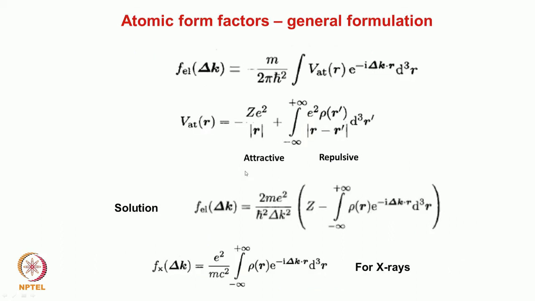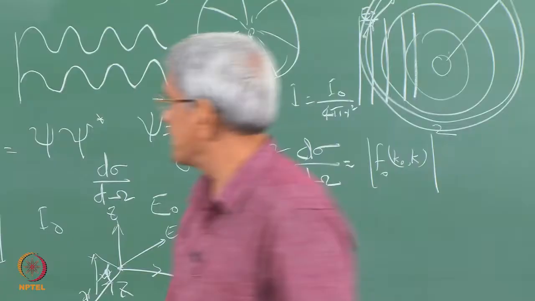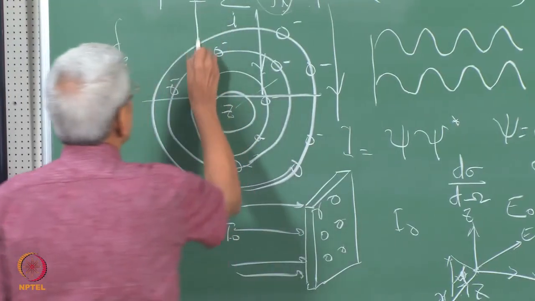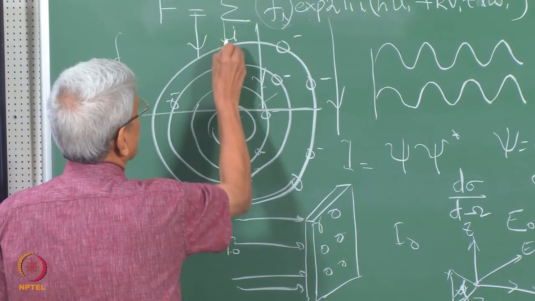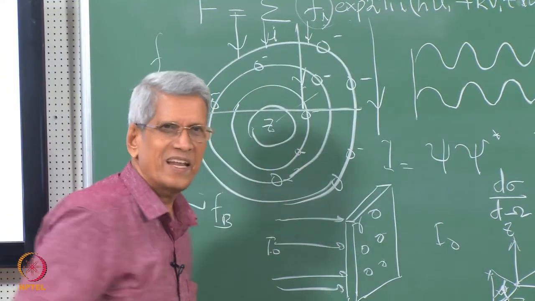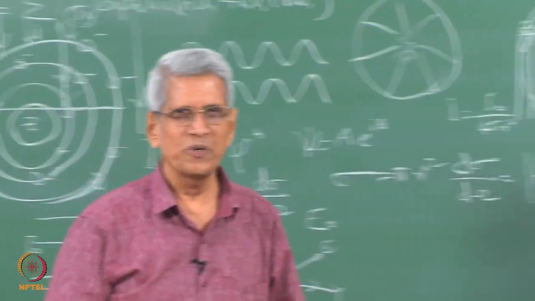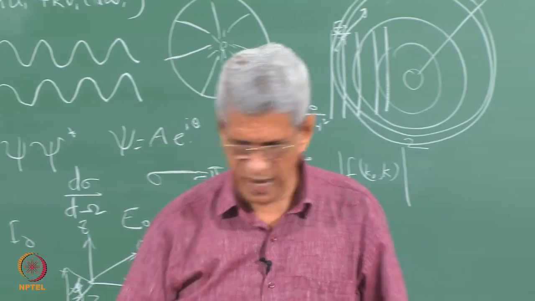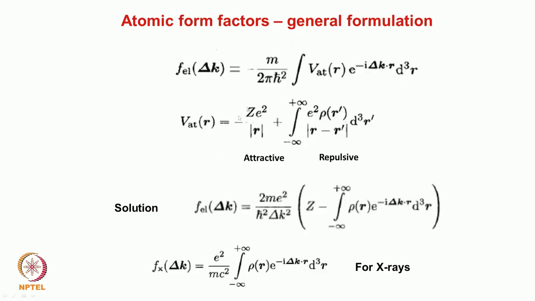So what is important is that depending upon the potential the electron sees as it enters, whether it enters here or here or here, the potential V(r) is going to change. That is what we have to look at. So how can we write this?